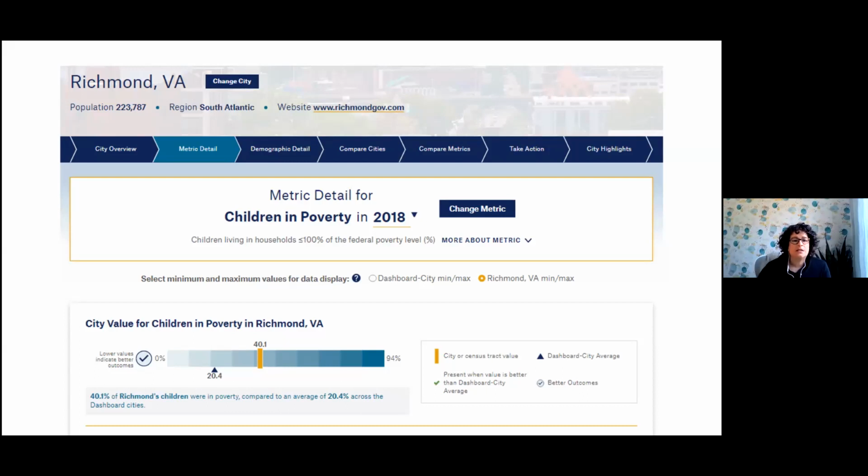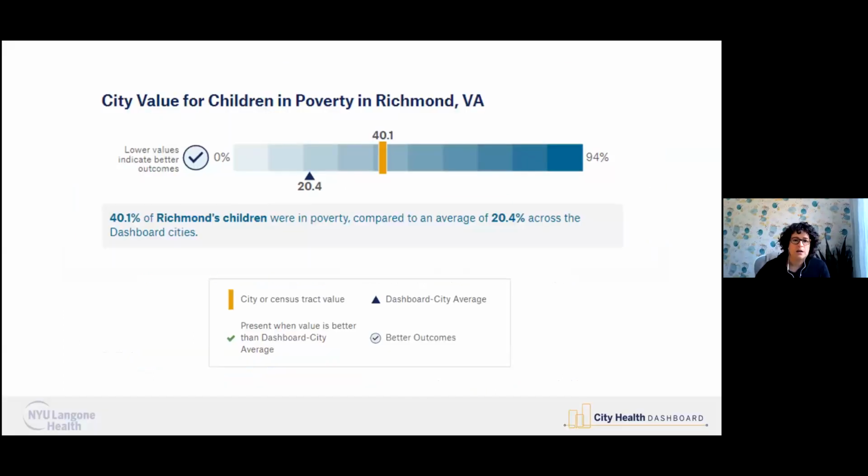And then as we get into our scale bar, just to zoom into it here, in this example we're looking at children in poverty in Richmond, Virginia. We've provided some basic symbology that carries across the site on different pages, where you can quickly see the value that I'm looking at in Richmond, Virginia for this measure. So 40% of Richmond's children were in poverty in this year of data.